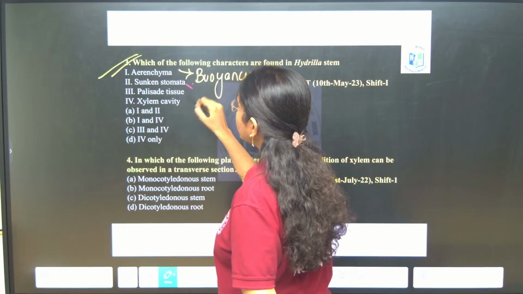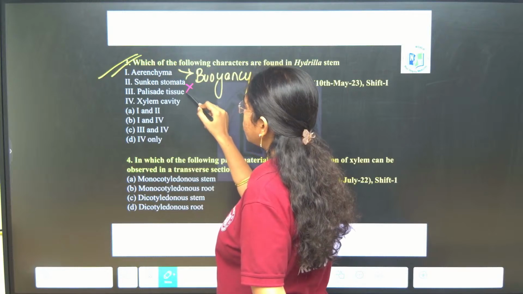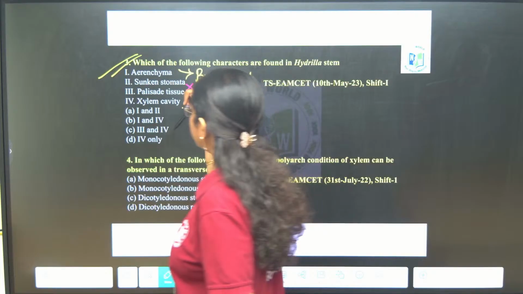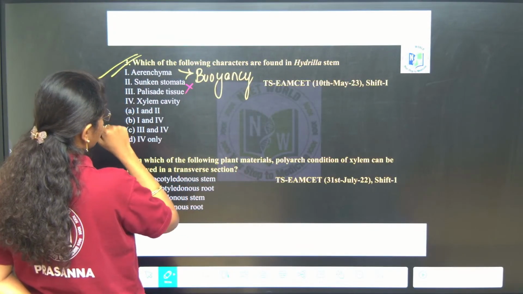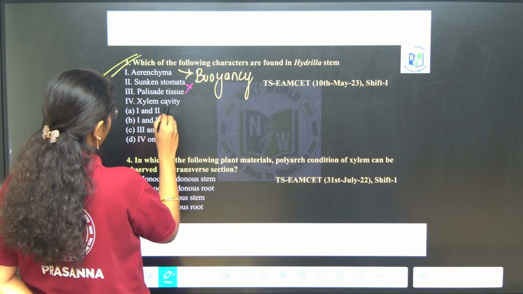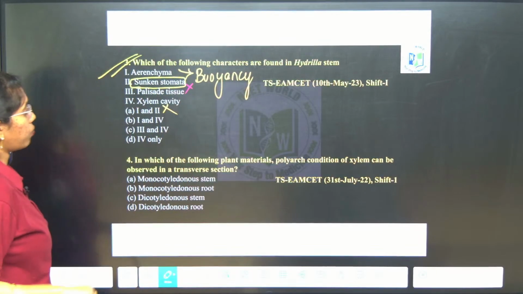Sunken stomata is not present, because sunken stomata you can see in xerophytes. Palisade tissue, no. Xylem activity will be there. Okay, palisade tissue you can see it, and xylem activity is also present. So here you cannot choose 1 and 2, because sunken stomata is observed in xerophytes.